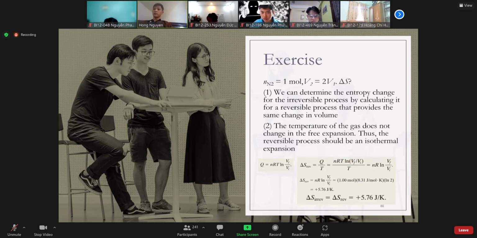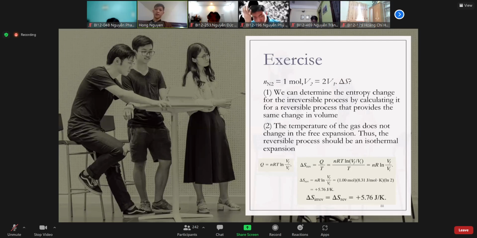Good. So firstly, we will determine the entropy change for a reversible process that provides the same change in volume. So it will have the same initial and final state, right? And what we also know is that the initial and final temperature of this system is constant.